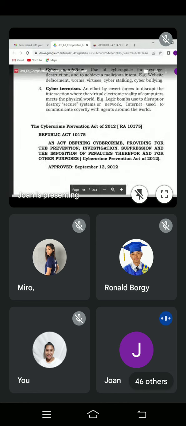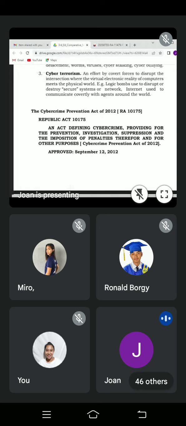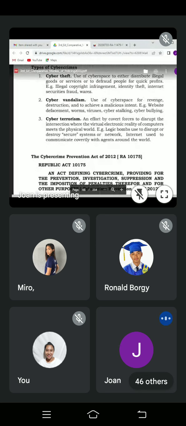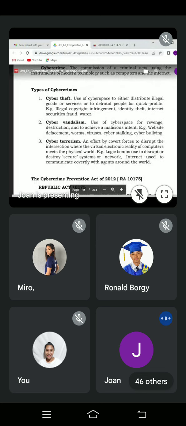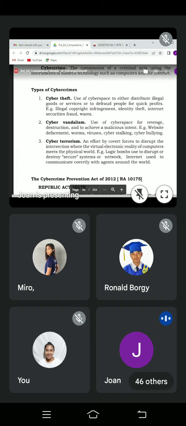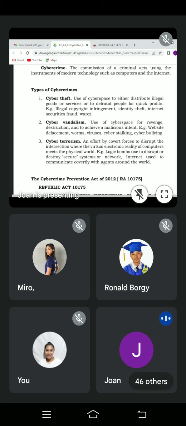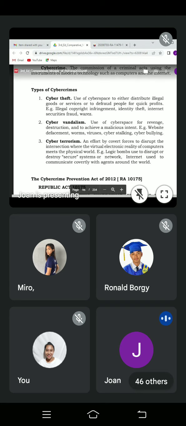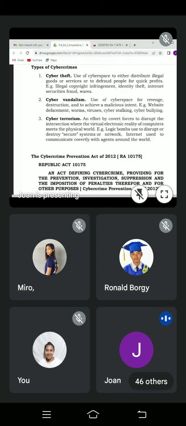We have a law in the Philippines, RA 10175. Okay. What is cyber theft? It's the use of cyberspace to either distribute illegal goods or services, or to defraud people for quick profits. Example, illegal copyright infringement, identity theft, internet securities fraud, and warez.